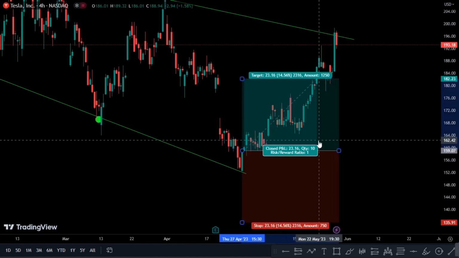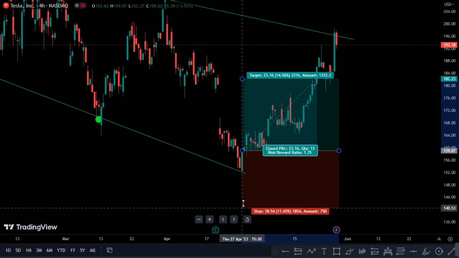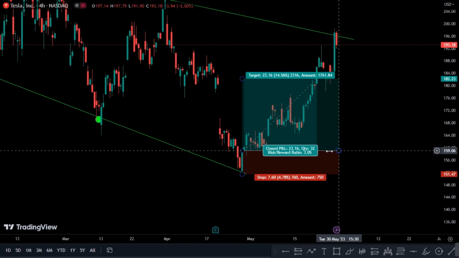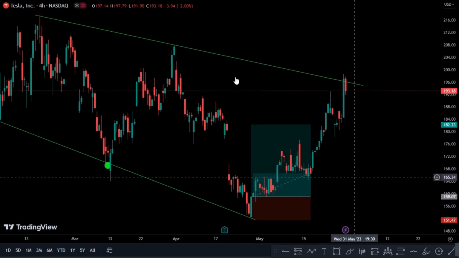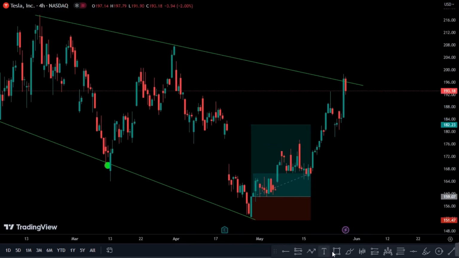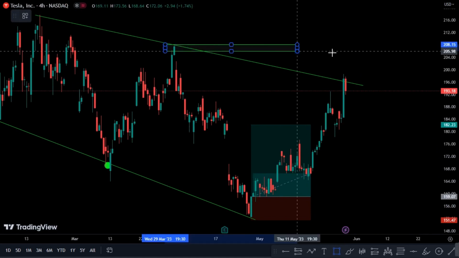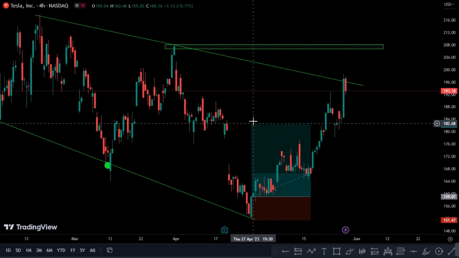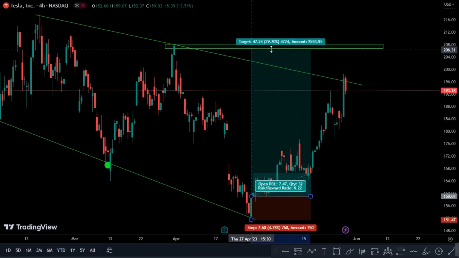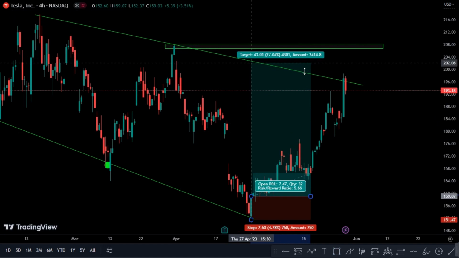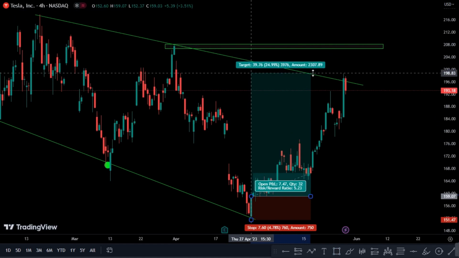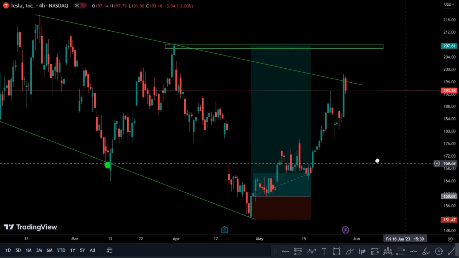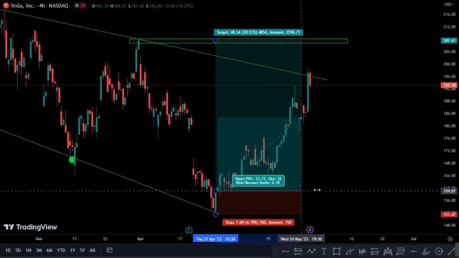As soon as it closed, we would have entered our long position, our buy position, with our stop loss just below the range, and our target was going to be this area right there, our previous highest high, or the recent highest high. Our first take profit in this case would have been on this trend line right here, and then that would have been our overall take profit right there.